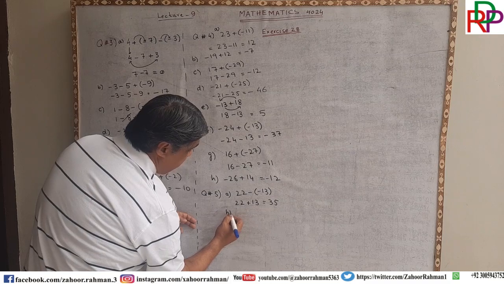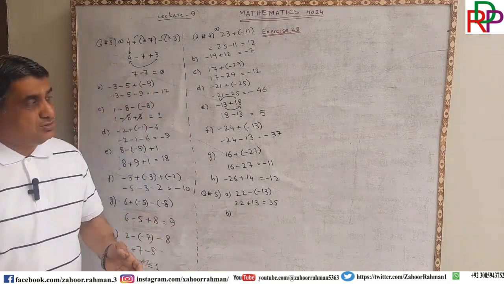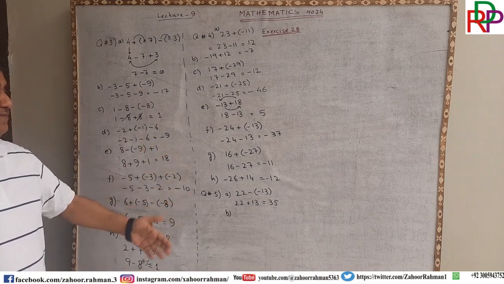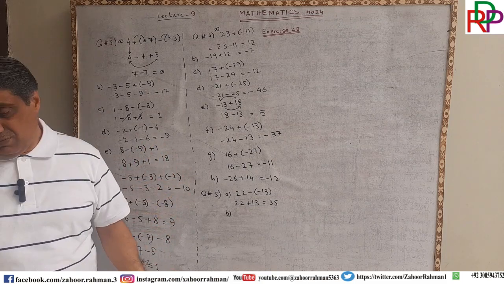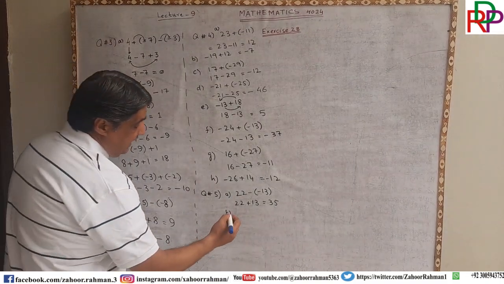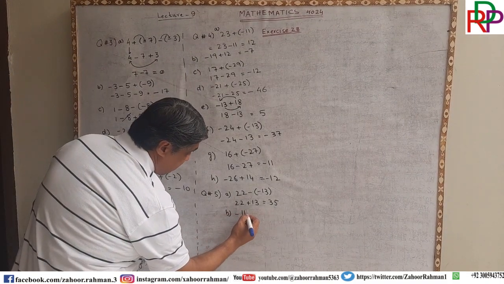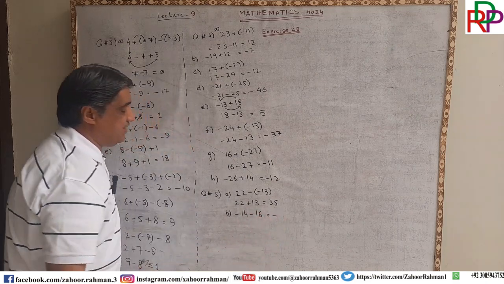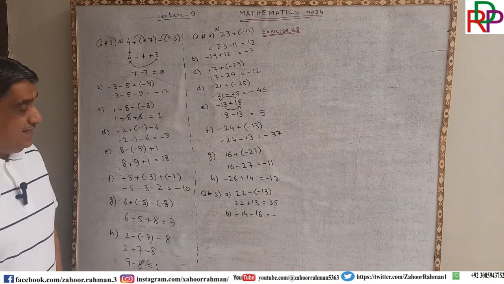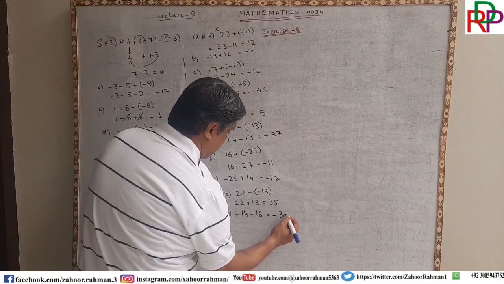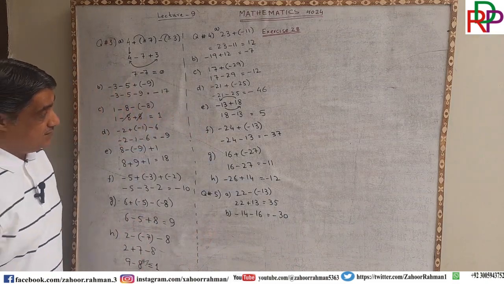Now B number part. I am doing all these questions repeatedly so that your concept will be clear. Minus 14 minus 16: directly I am writing minus, and 14 plus 16 is equal to 30.